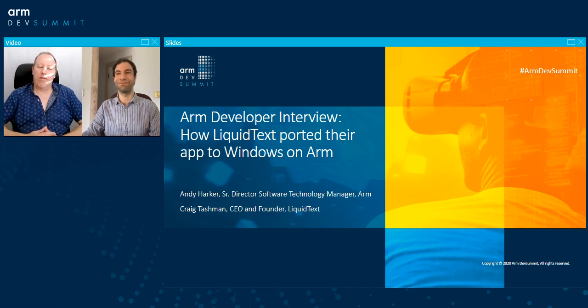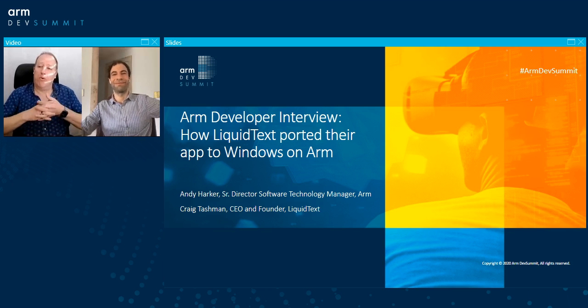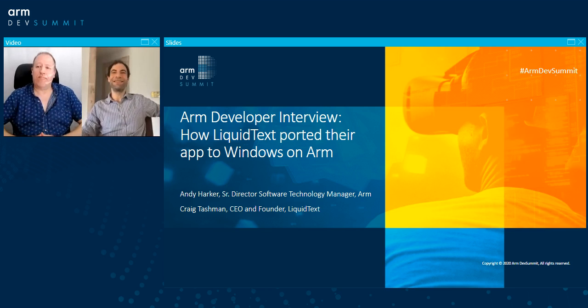Okay. So another thing I've picked up on in the description you've given me so far, you've mentioned this thing called Microsoft UWP, which seems to be significant. Can you give us a feel for what this is and what it did for you from an application porting perspective? So UWP is Microsoft's Universal Windows Platform.